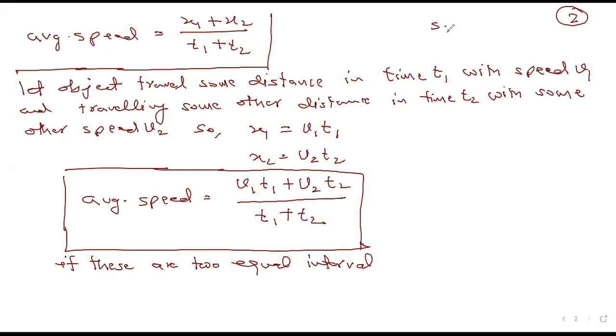Because speed equals distance upon time. Okay, so distance equals speed into time. Got it? So in place of x1 I am putting v1 t1, in place of x2 I am putting v2 t2. Got it?